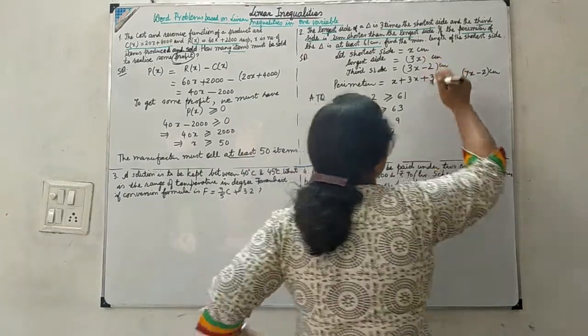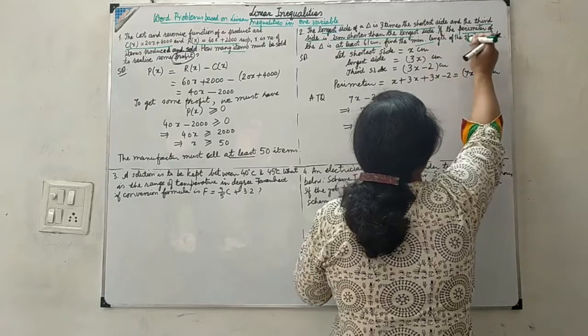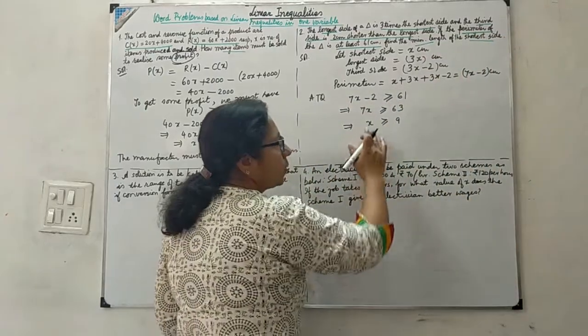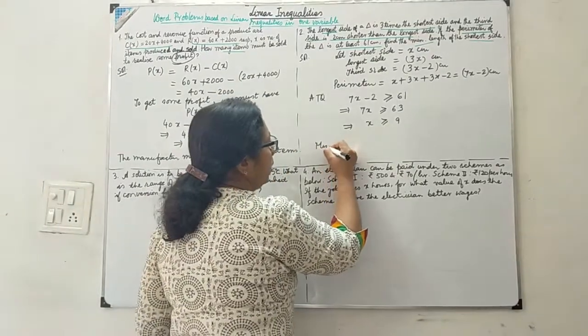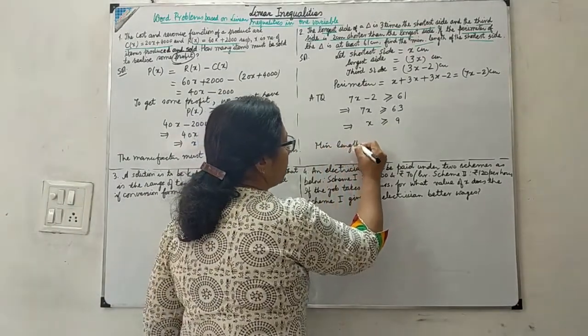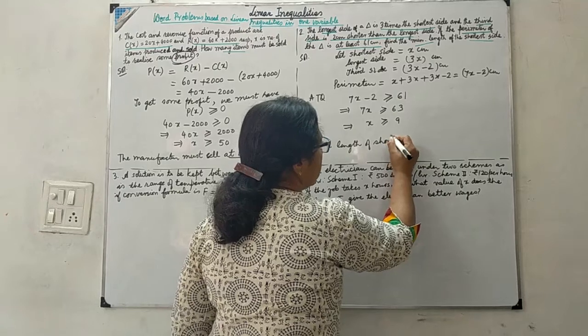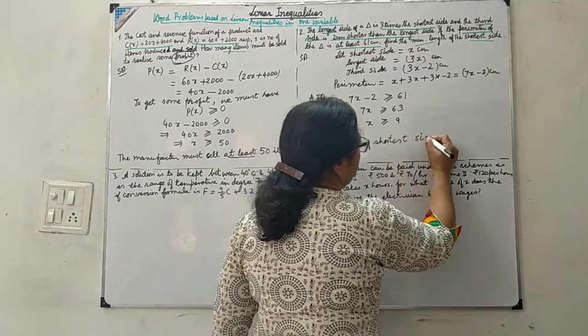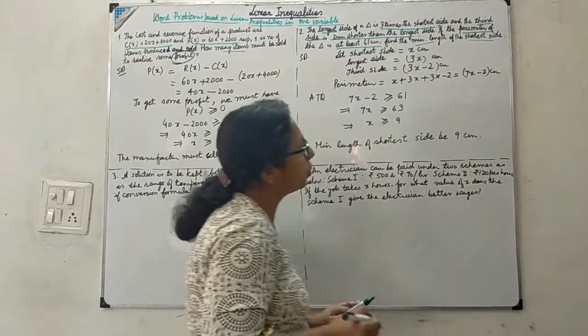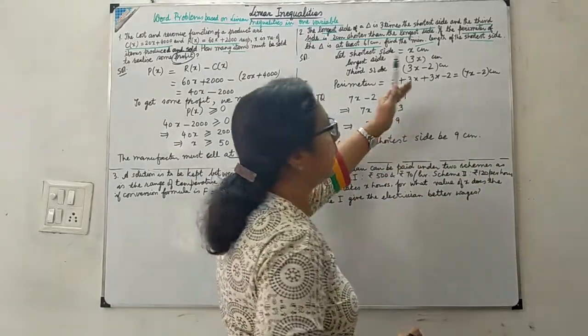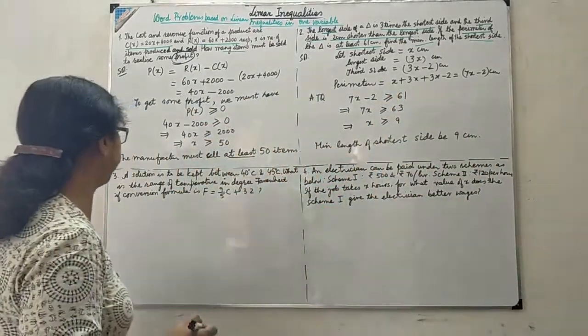Now we want to find the minimum length of the shortest side. We have x greater than or equal to 9, that means the minimum length of the shortest side will be 9 cm, so that the perimeter will be at least 61.